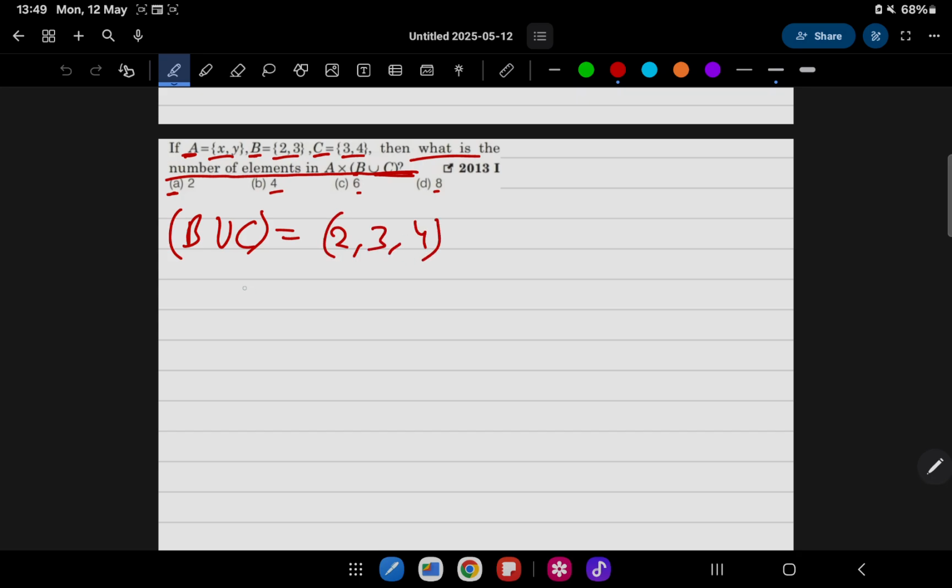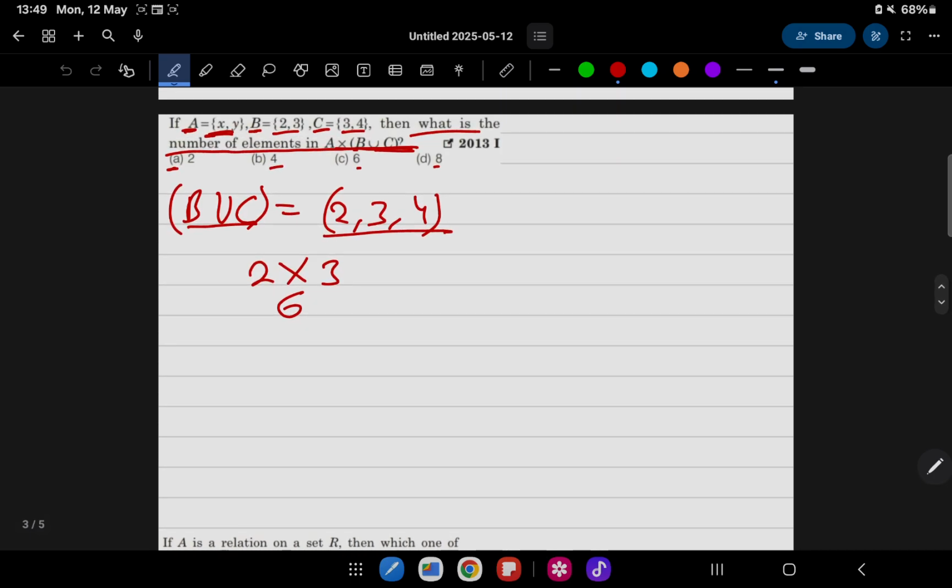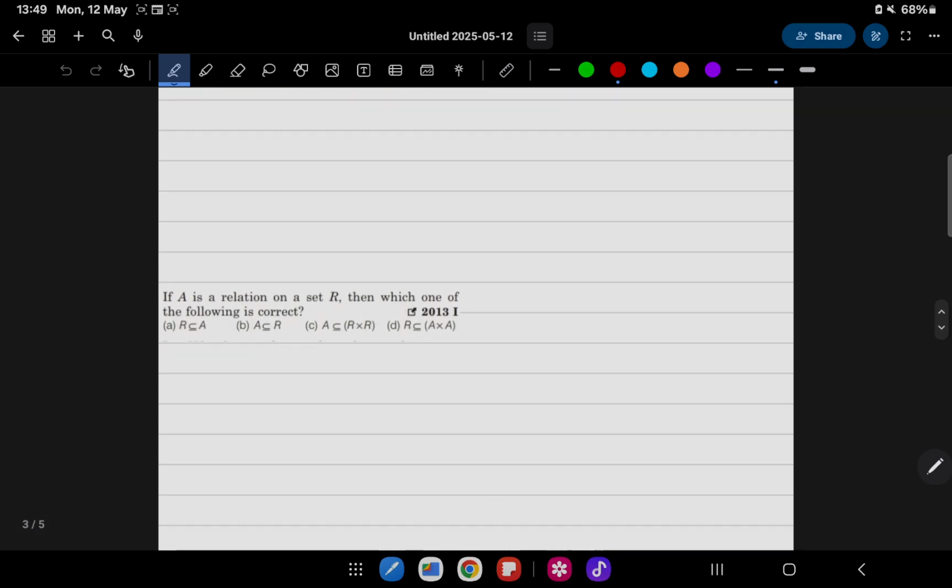The number of elements in a Cartesian product is the number of elements in the first set times the number of elements in the second set. The number of elements in A is 2 and in B union C is 3. So the total number of elements in the Cartesian product of A cross B union C is 6. So our answer is C.